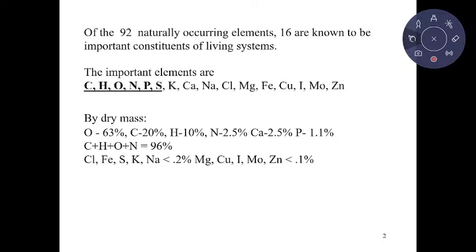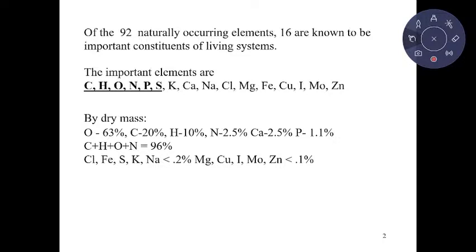Chlorine, fluorine, iron, sulfur, potassium, and sodium are present in lesser amounts than magnesium, copper, iodine, molybdenum, and zinc. So here we need to know that in dry mass, carbon, hydrogen, oxygen, and nitrogen are majorly seen, which is 96%.